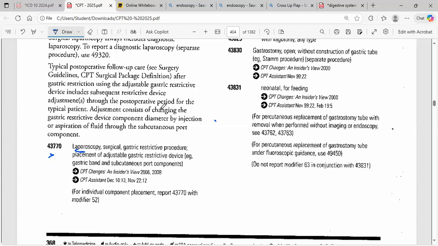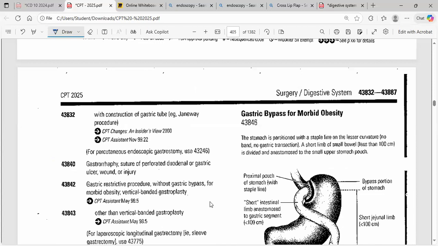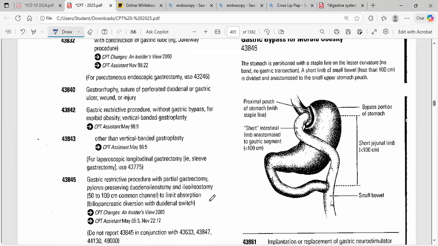Then we call that procedure a laparoscopy procedure. We also have the word laparotomy. Laparotomy means an incision in the abdominal cavity, but laparoscopy means inserting the scope through the abdominal cavity.